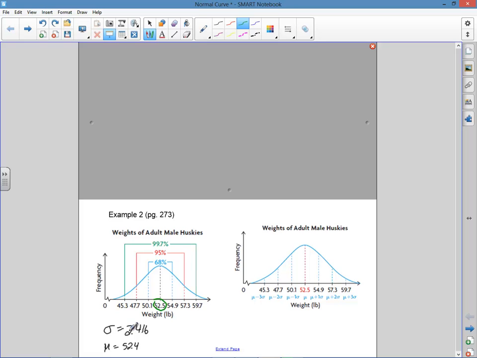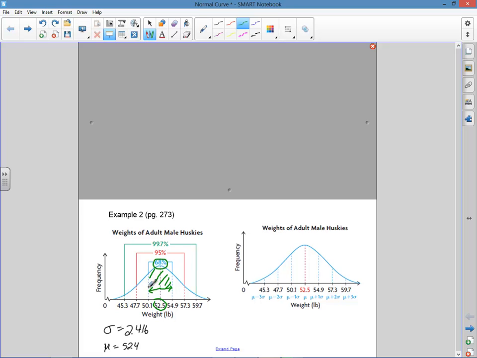And a standard deviation of 2.4 pounds. So one standard deviation above will give us a husky of 54.9 pounds, or one standard deviation below of 50.1 pounds. And that should account for 68% of all male huskies should fall within this range.